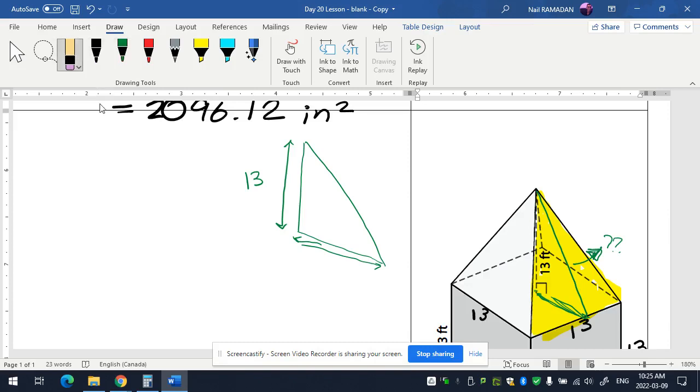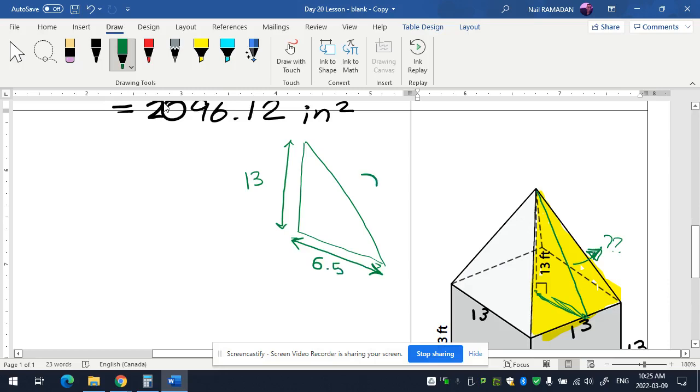All right, so I'm going to clean it up a little bit. Let me just stand here so everyone can see. There we go. That's, as Christian said, 6.5. So what am I trying to find? What do you call the longest side in a right triangle?